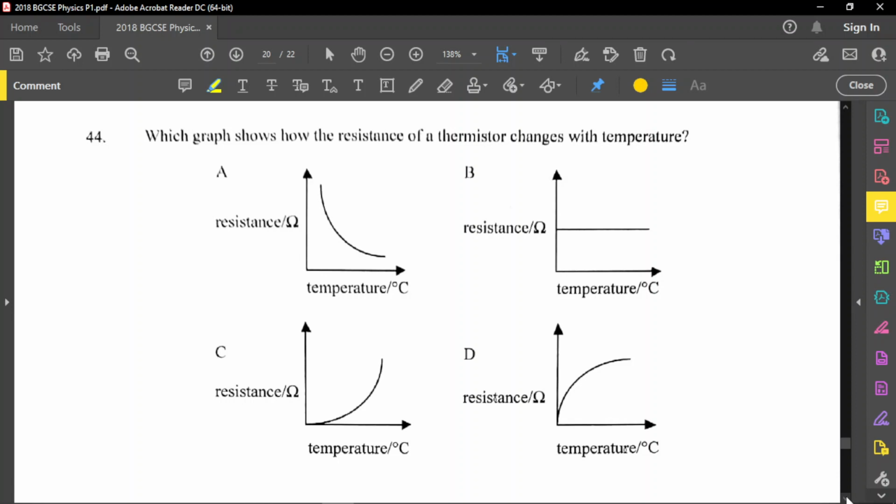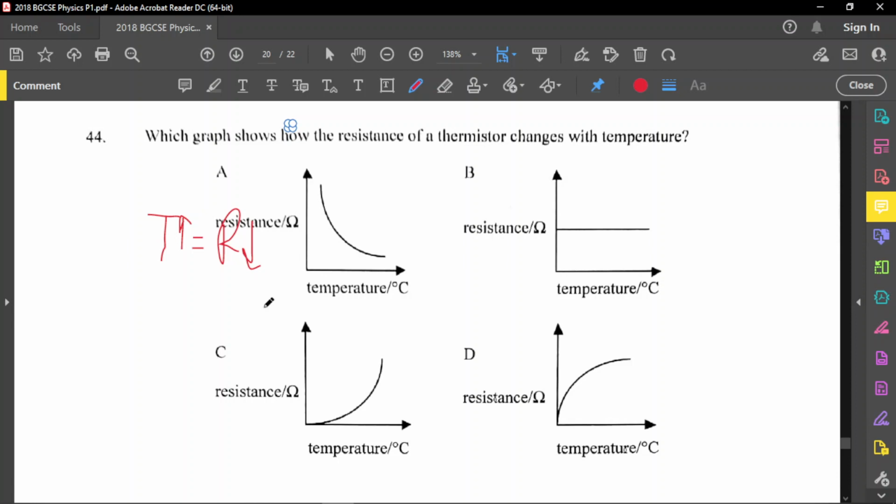Now, the general concept here is that as temperature goes up, this is what you need to know for all thermistors in the BGCSE or basic physics: as temperature increases, the resistance will decrease. So that's a general relationship right there. An increase in temperature results in a decrease in resistance.